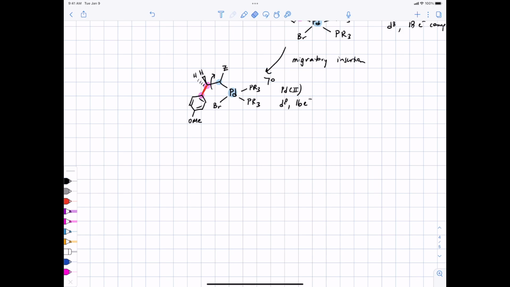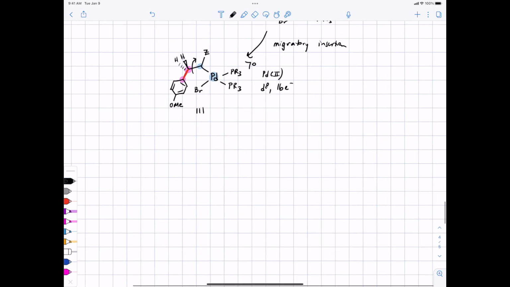So I'm just going to redraw our complex in sort of the same way, only I'm going to put a hydrogen here.